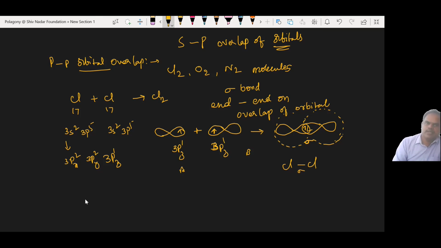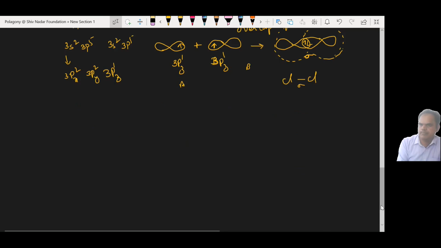So this is what we call pp orbital overlap in the Cl2 molecule. And if you consider the O2 molecule, let us see.